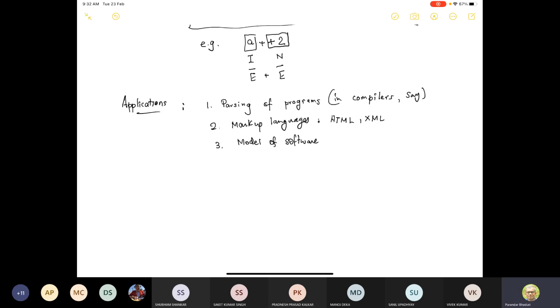Okay, so we have defined a grammar. The next thing to do is to define how a grammar defines a language. So that leads us to the notion of derivations.